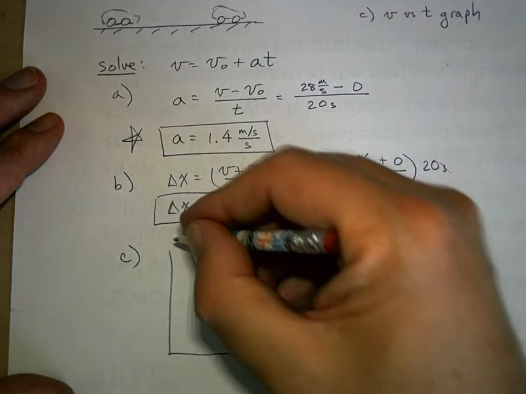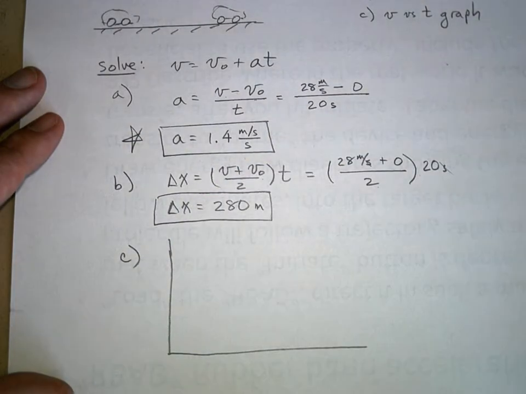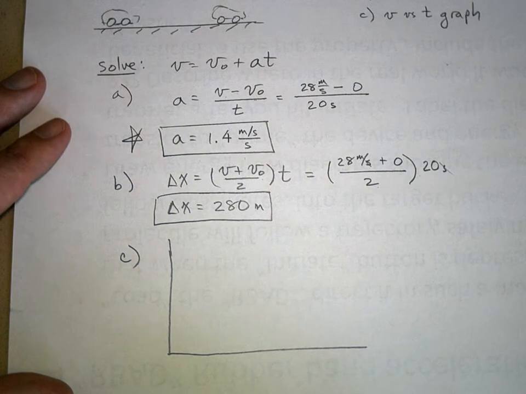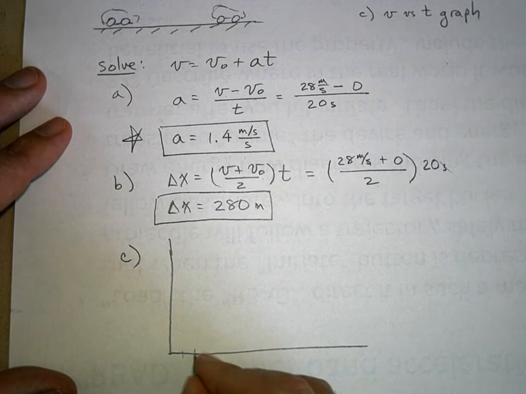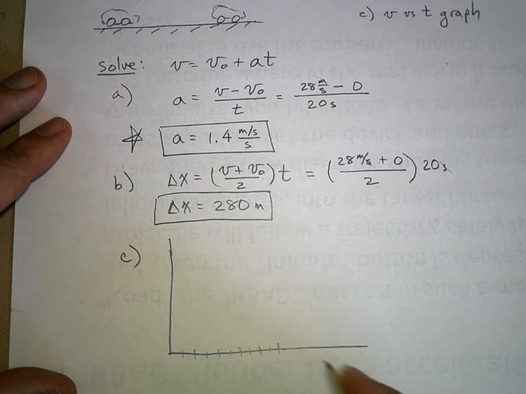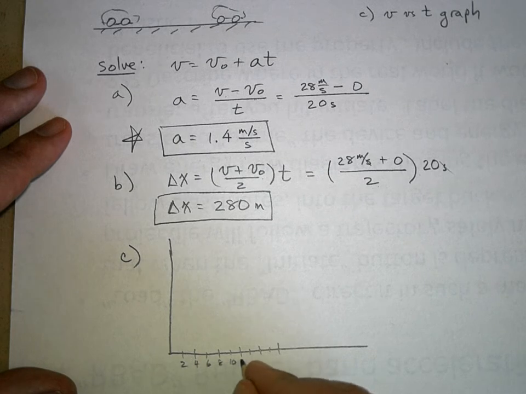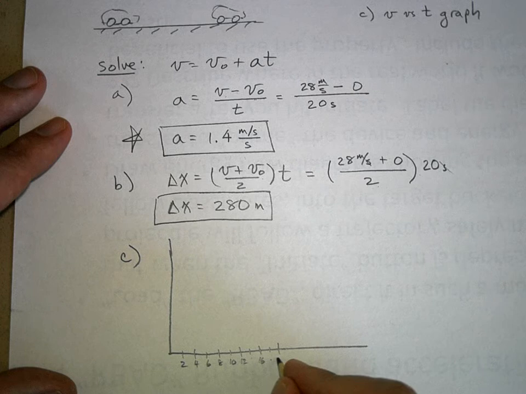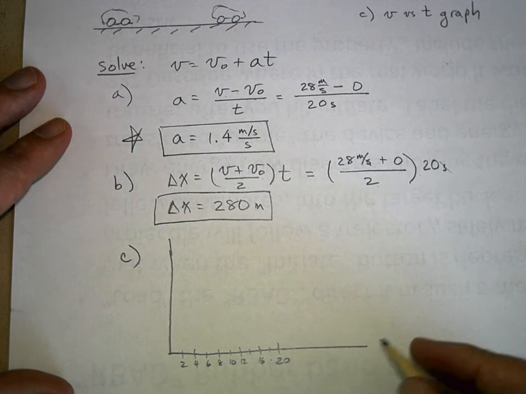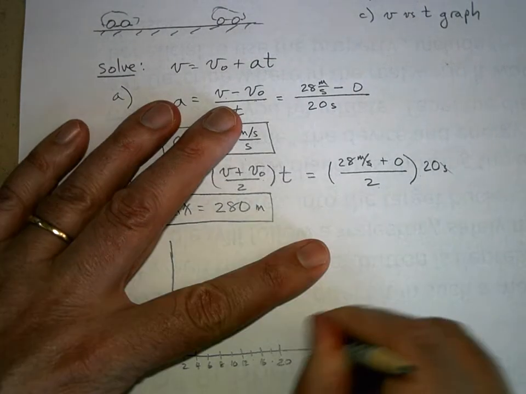And it's pretty easy on this problem because, well, I know how much time goes by, 20 seconds. So 2, 4, 6, 8, 10. You know what? That's kind of silly. I'm going to do 2, 4, 6, 8, 10, 12, 14, 16, 18, 20. That's good enough. I don't need to make it that big.